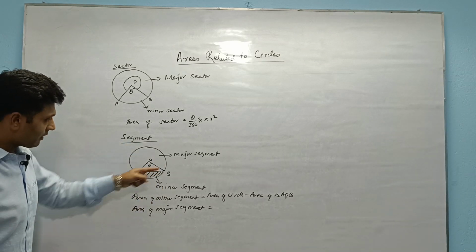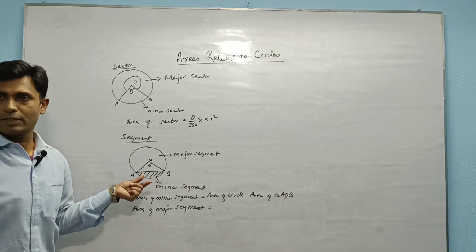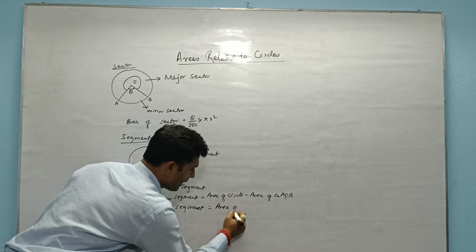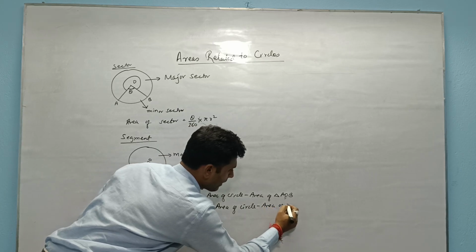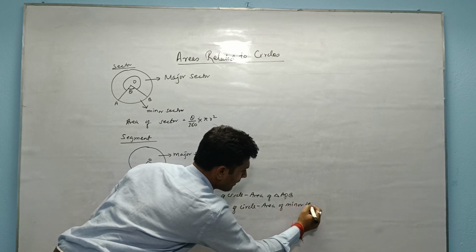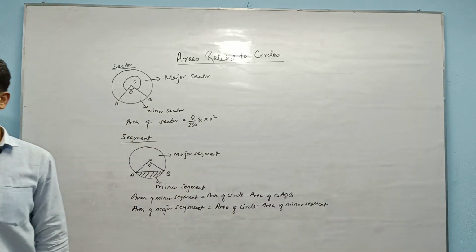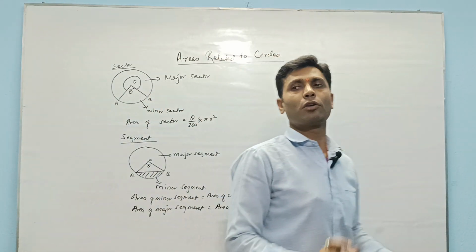Area of circle minus area of minor segment. Very simple. This is equal to area of circle minus area of minor segment.